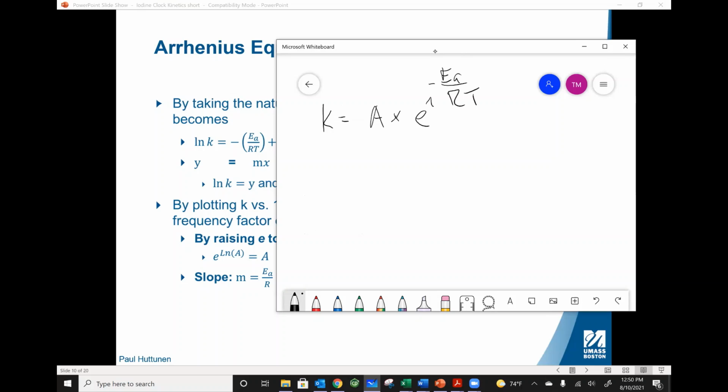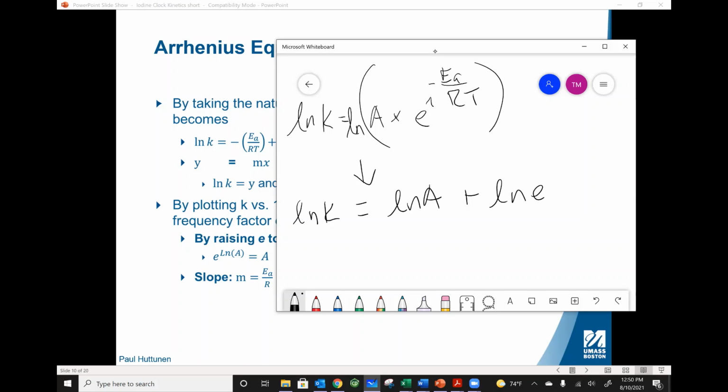When we take the ln of both sides, we get the ln of K, and then we have to take the ln of this. So ln of K equals the ln of A plus the ln of e to the negative Ea over RT.